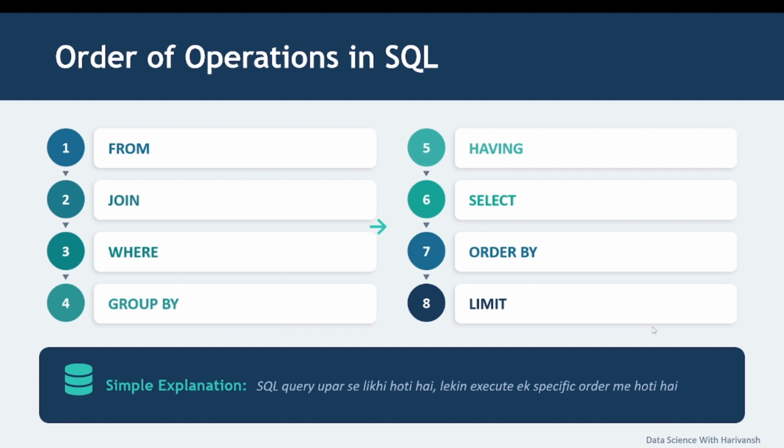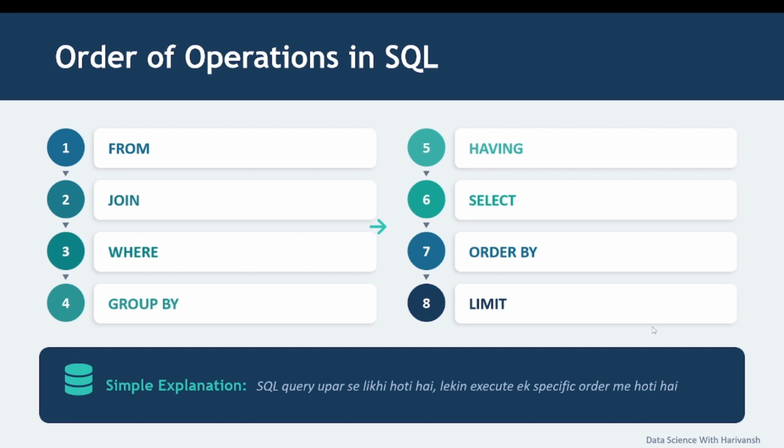At this step, SQL evaluates the expressions in the select clause, calculates any derived columns or aliases, and determines exactly which columns and computed values will appear in the final output. This is also why you cannot use a column alias defined in select within a where clause, because where is processed before select, so the alias does not yet exist at the time where runs.